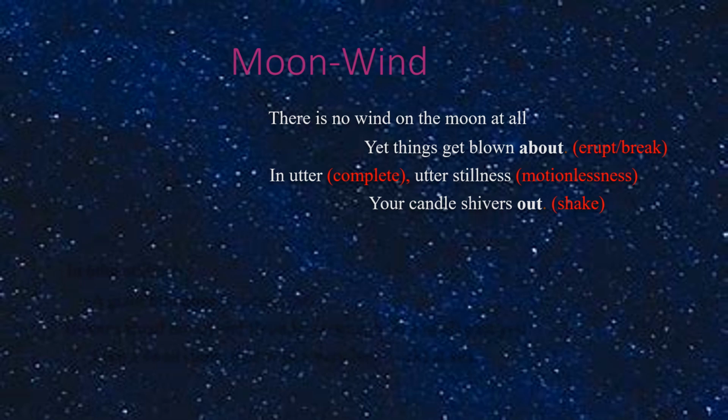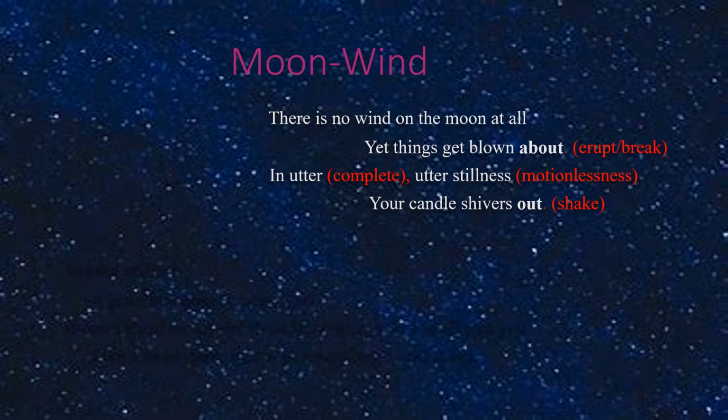So you see, in the very first line, the poet tells us that there is no wind at all on the moon, but still something very unusual is happening there. It is like everything is still breaking apart due to the wind, which is not present over there.